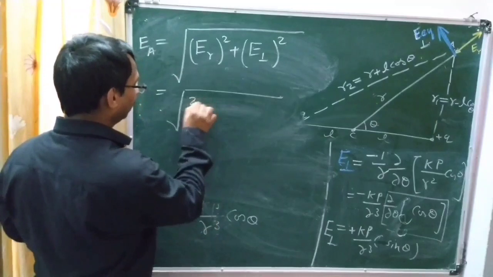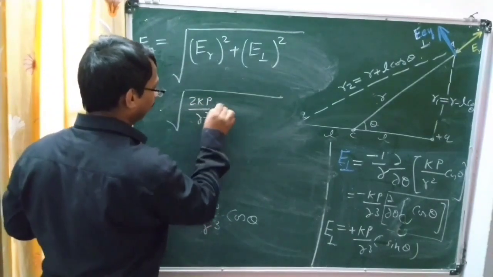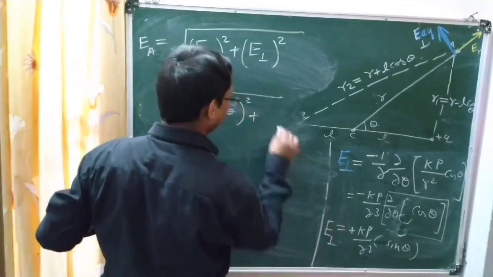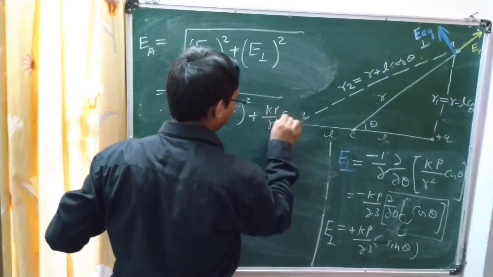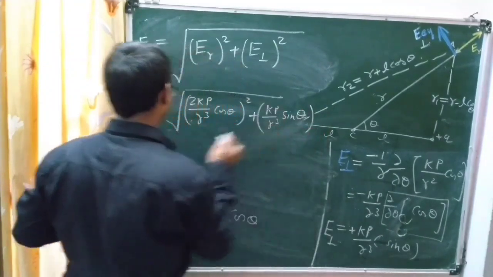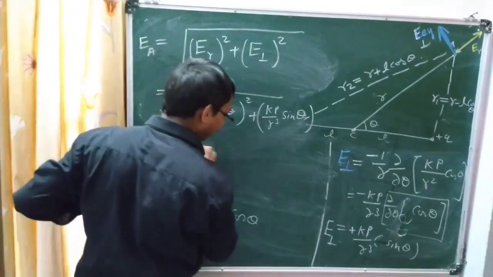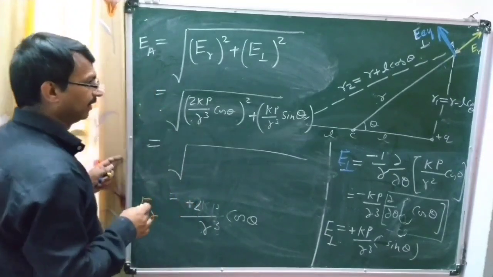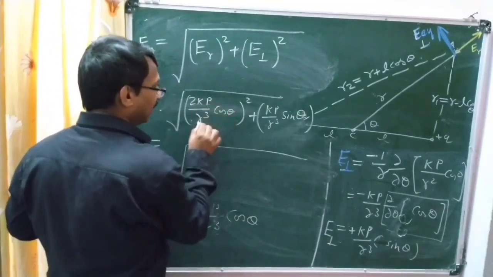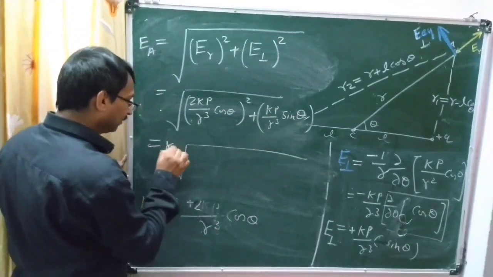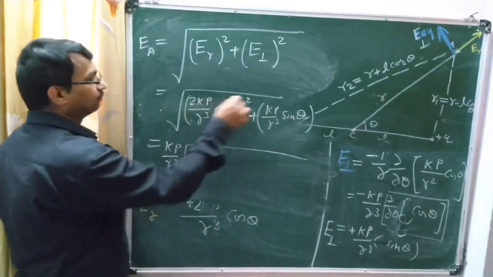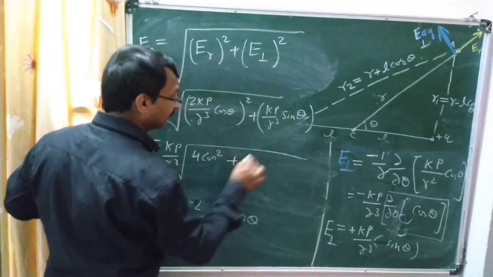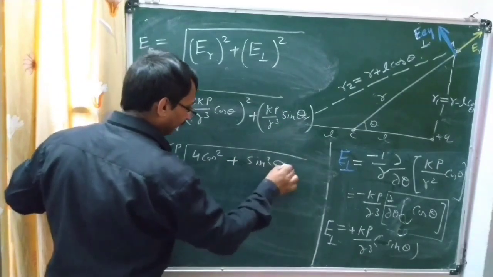It was 2 Kp upon r cube cos theta, plus Kp upon r cube sin theta. Now we will do the same exercise as in method 1, taking Kp upon r cube common. So Kp upon r cube is taken outside of the under root. Now you have 4 cos square theta plus sin square theta.